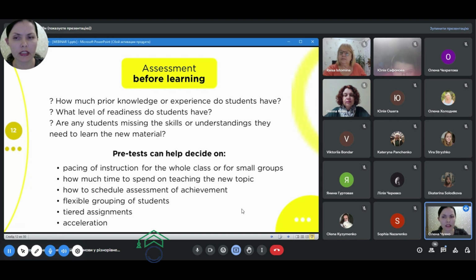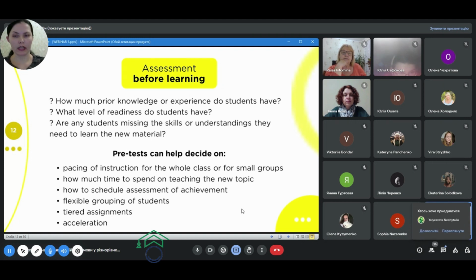They may help you decide on how much time you're going to spend on this or that topic, whether you need to speed up, or to slow down a bit. They may help you decide on how to schedule your summative assessment. So when to conduct the summative assessment. It will help you decide on the grouping of your students.